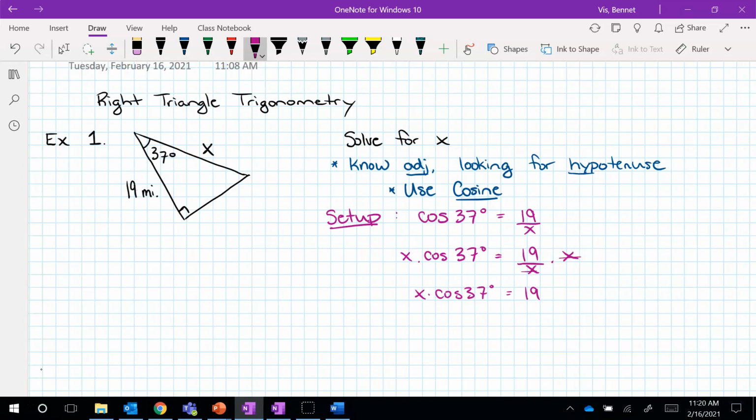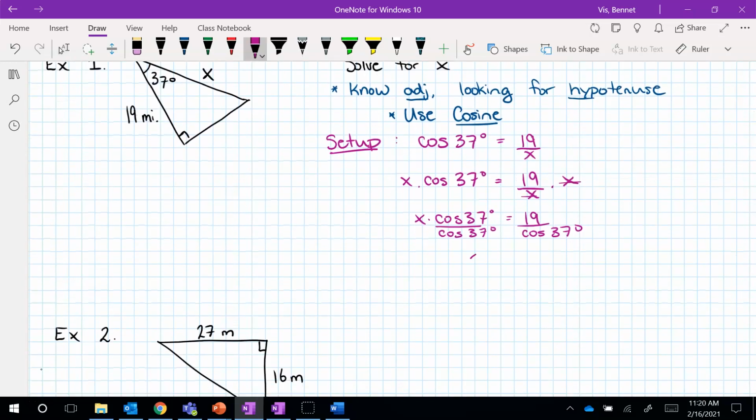Like these have gone away now. Okay? And so now, to get x by itself, I would divide both sides by the cosine of 37. So I get x equals 19 over the cosine of 37. Plug that into your calculator. You'll get about 23.79.